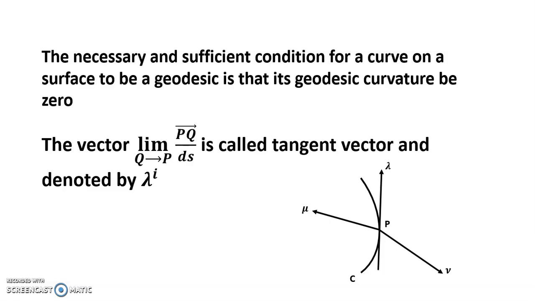So the unit vector in the direction μ^i is the principal normal vector, and κ is the curvature, and ν is a unit vector. ν is called the binormal of C at P. So thanks for watching. I hope it is clear for everyone.